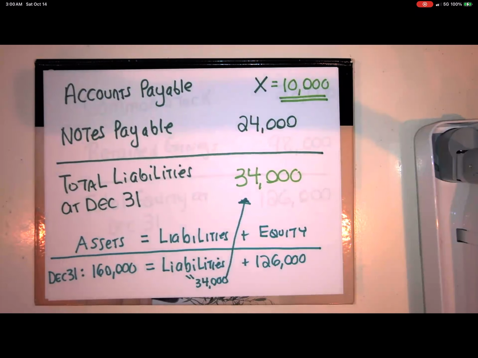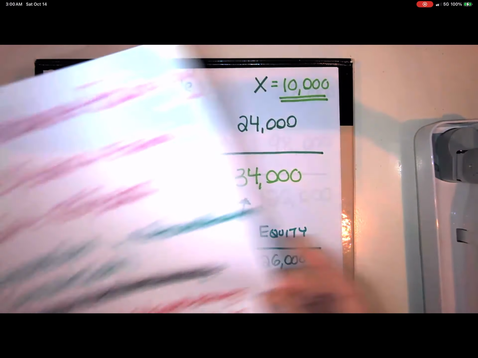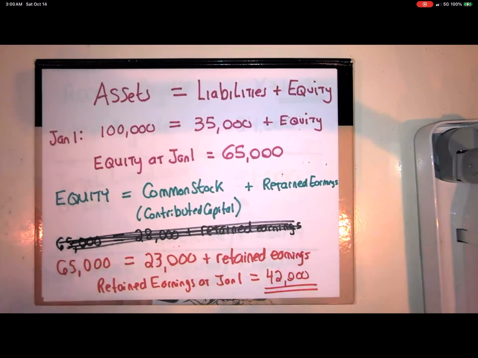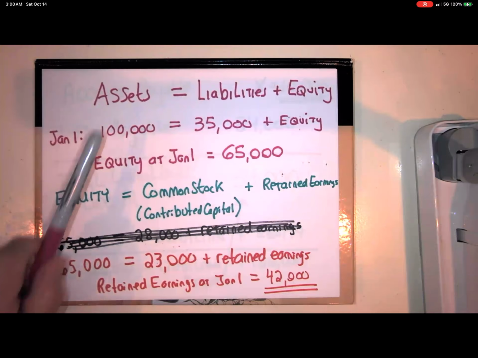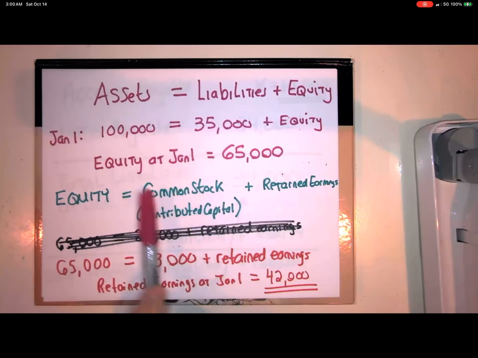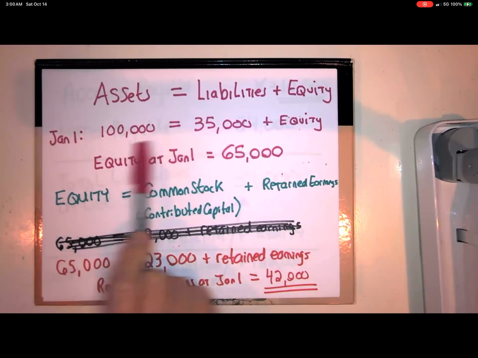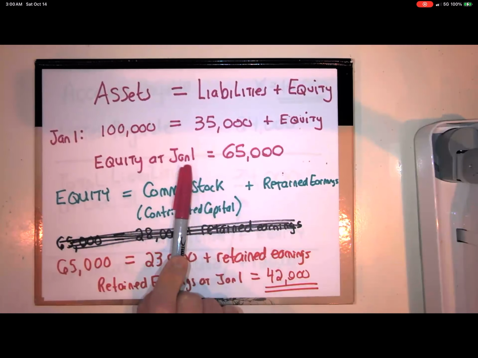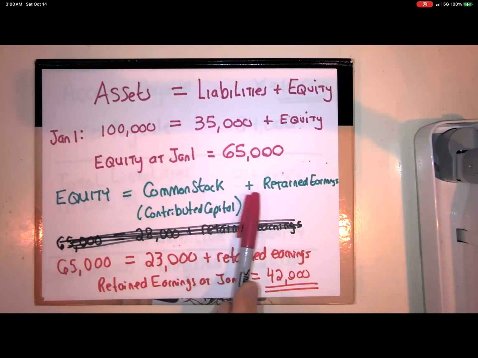So what you had to do, and I'll bring this back because I think it illustrates nicely, was use the assets equal liabilities plus equity. And at January 1st, those numbers were given. We could solve for the equity, which we know is common stock and retained earnings. So then we could come down here and solve for the retained earnings at January 1st. Okay.